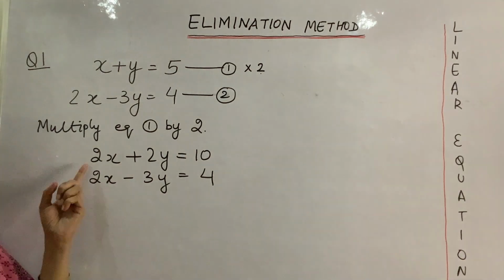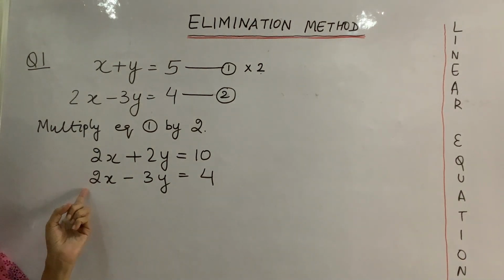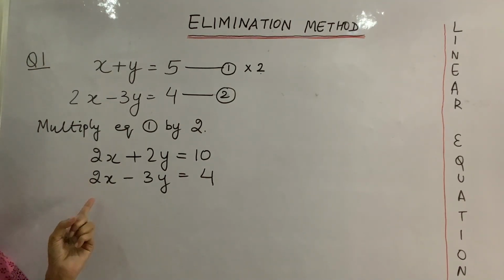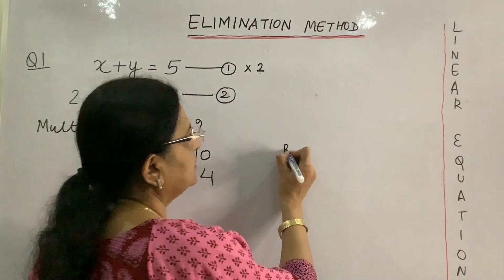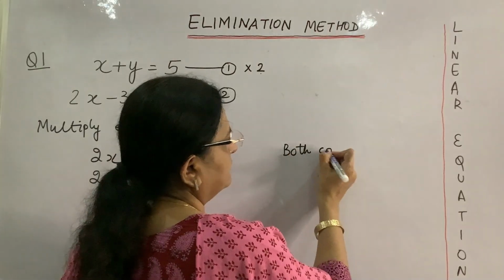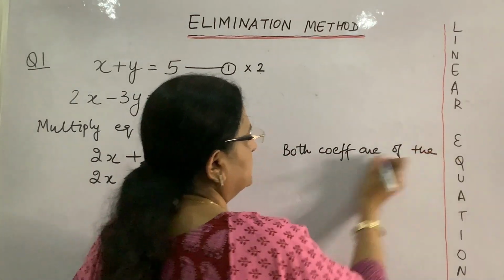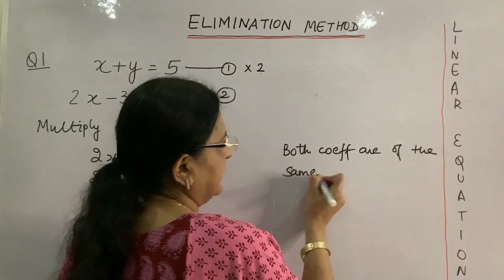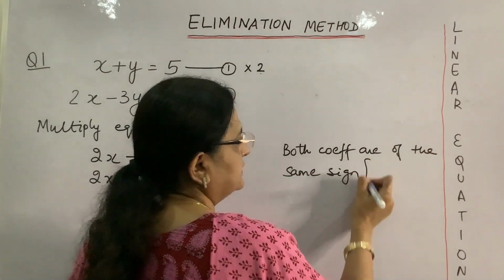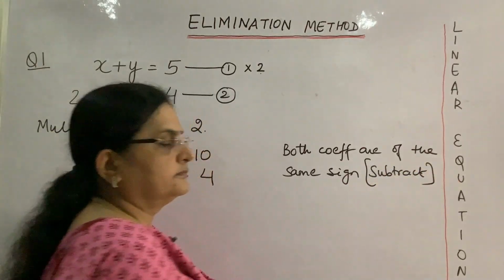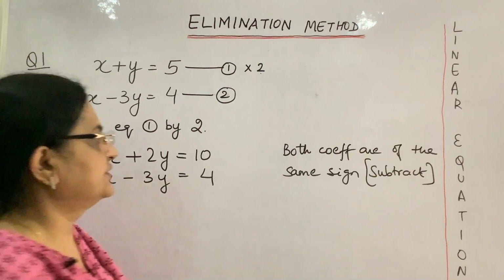Now we observe that these coefficients are equal. We have made them equal. But the problem is, this is positive and this is also positive. So when both coefficients are of the same sign, you will subtract the equations.